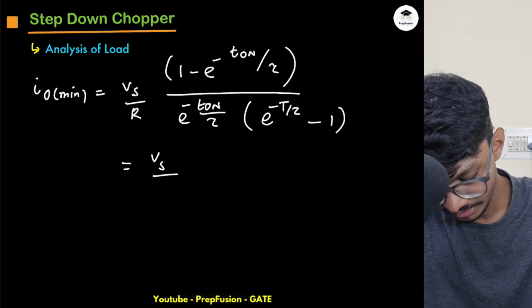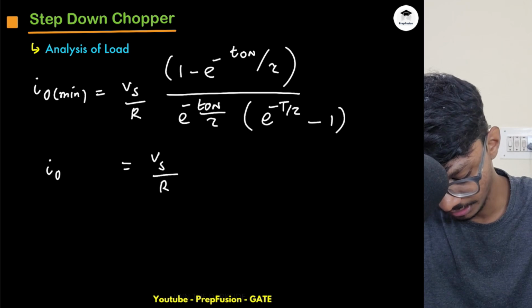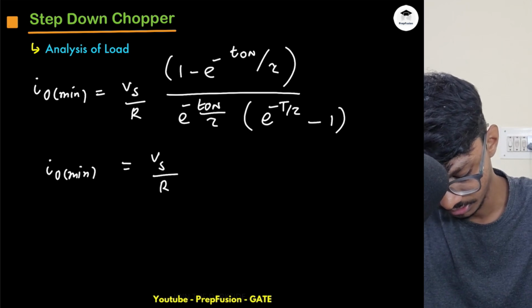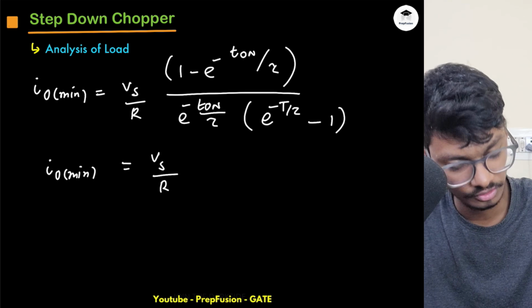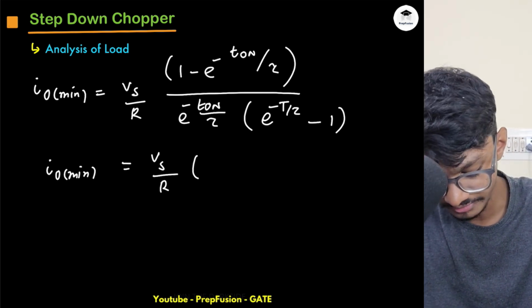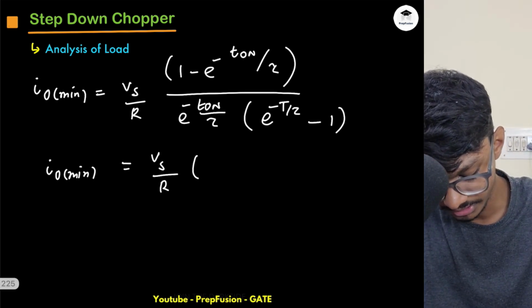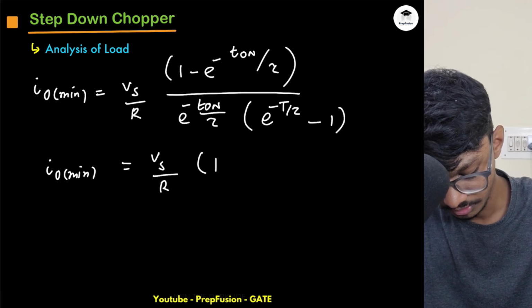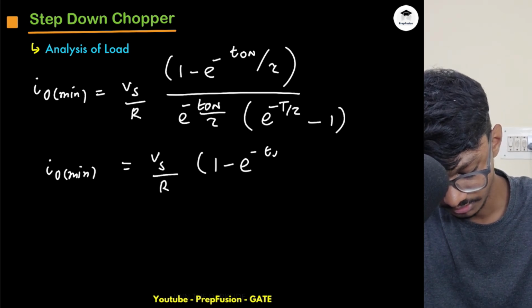So actually my final IO expression, this you can remember actually. This is good to remember. You can always derive it. I've derived it, and if your transient is very good, you can always derive it. But it's better that you remember this so that you will be able to solve questions very quickly.